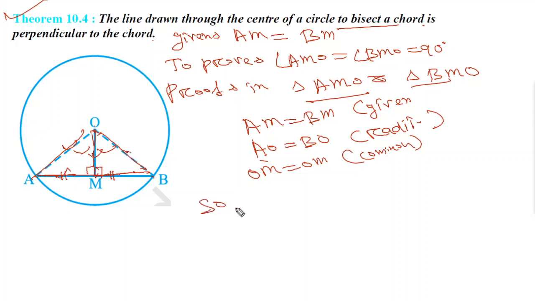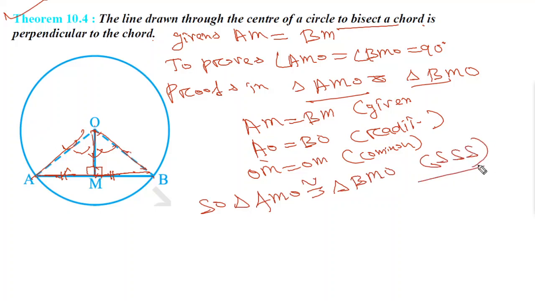So triangle AMO will be congruent to triangle BMO. The reason is SSS, side. Now, as these two triangles are congruent, therefore what we can say, angle AMO will be equal to angle BMO.